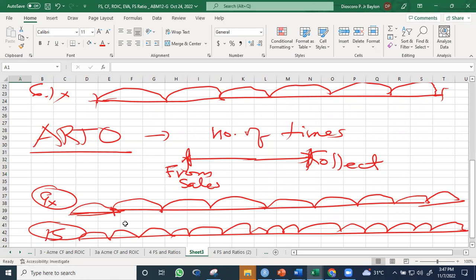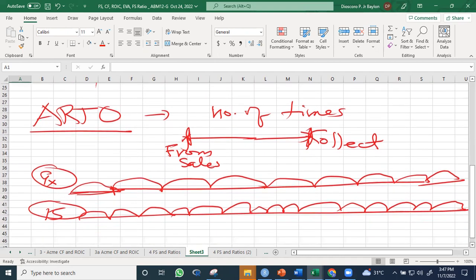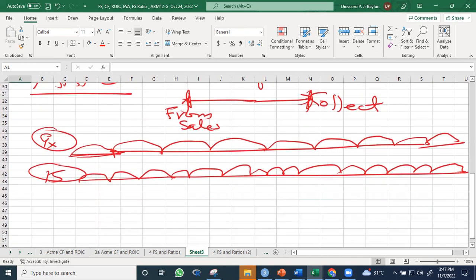Kasi 15 times sila. While tayo, 9 times lang. Bakit ganun yung speed nila? So that's a very important question. But as regards comparing our performance with the direct competitor, we say that we fail. We fall in comparison to the direct competitor. Talo tayo. Naka 15 times na sila na collection sa isang taon, tayo nakaka 9 times lang.